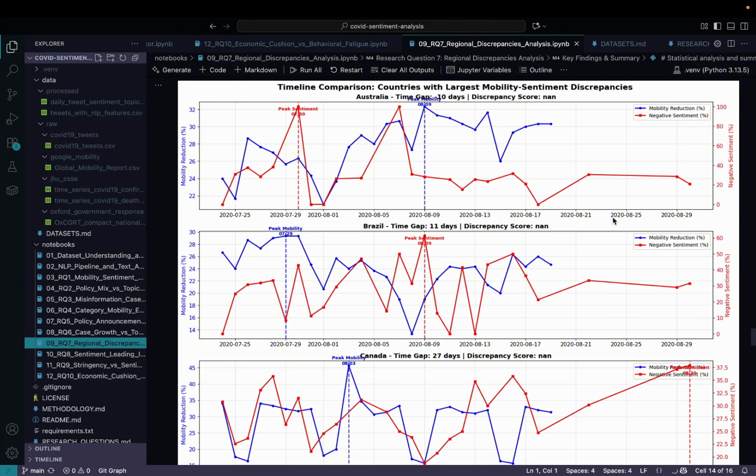The peak mobility and sentiment are marked with vertical lines, red and blue. The time gap analysis reveals country-specific coupling patterns, and there are also quantified discrepancy scores for each nation. After understanding the visualization, we conclude that there are quantified discrepancy scores for each of the nations.